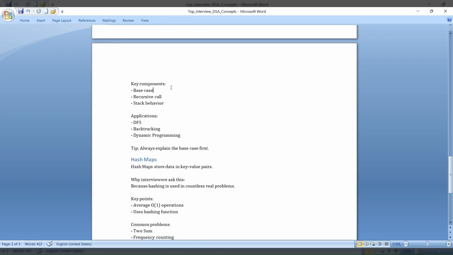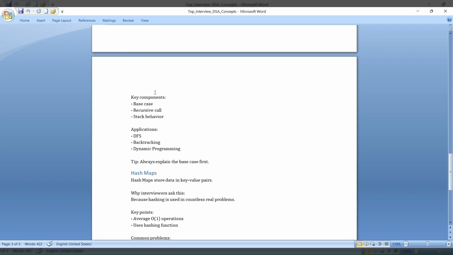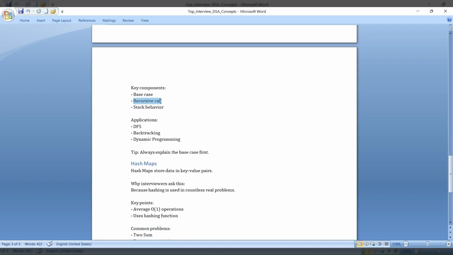The key concepts are the base case condition, which terminates the flow of the recursion; the recursive call, which forwards to the next call; and the stack behavior, how the function calls are placed stack by stack.